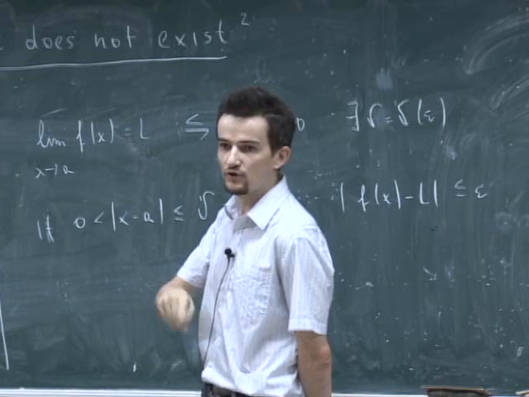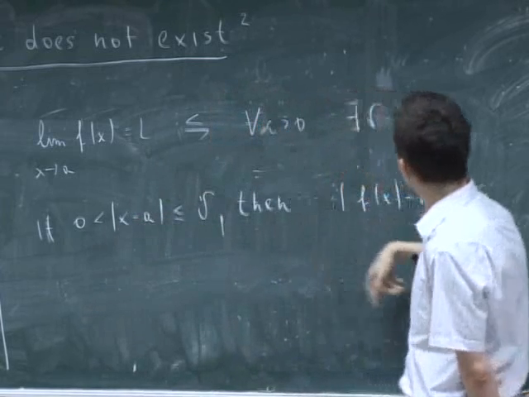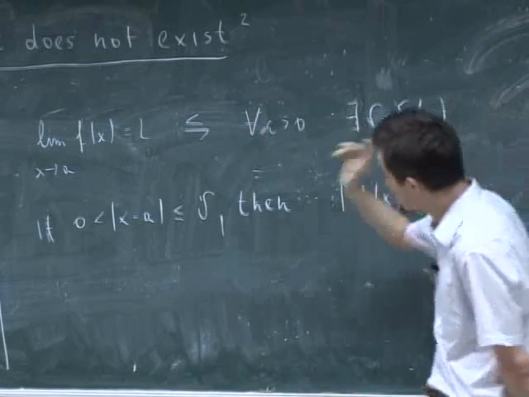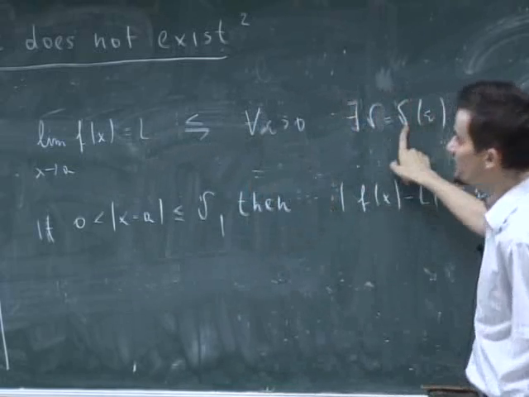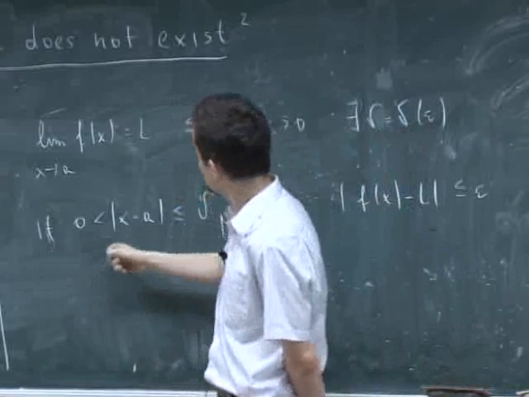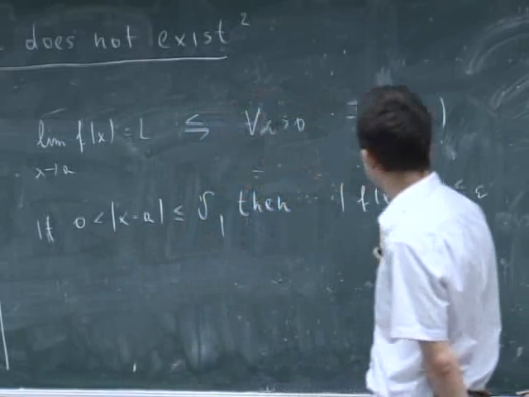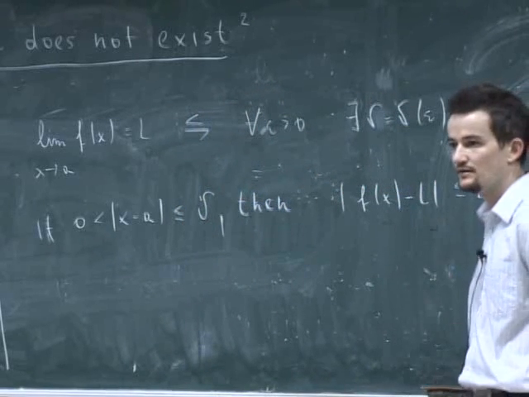So you have to show that for all L, there exists an epsilon such that for all delta, no matter how small you choose, you can find an x such that the distance between x and a is smaller equal than delta, but the distance between f of x and L will be larger equal than epsilon.